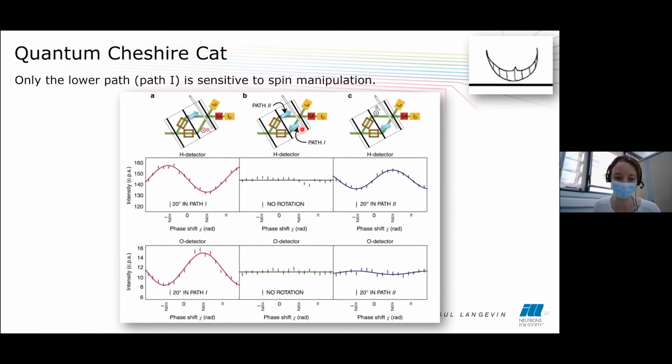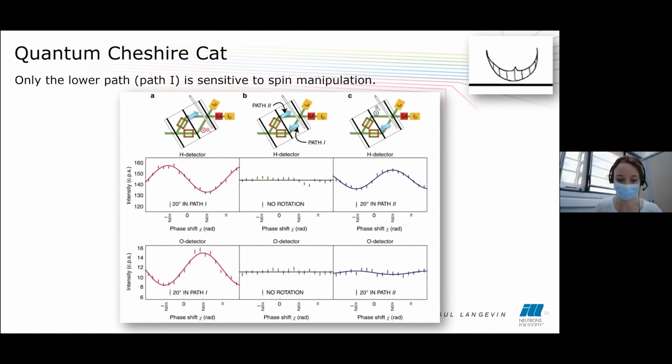And again, neutrons taking the upper path are polarized in the direction of travel of the neutrons, and the ones taking the lower path in the opposite direction. And of course, as seen before also, there's no interference pattern visible on either of the detectors. And just note that the H detector has no spin analyzer in front of it, which makes it possible to detect all the neutrons regardless of their spin.